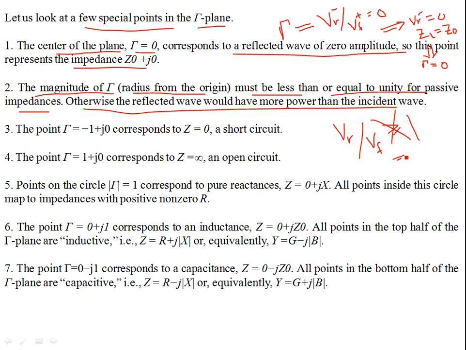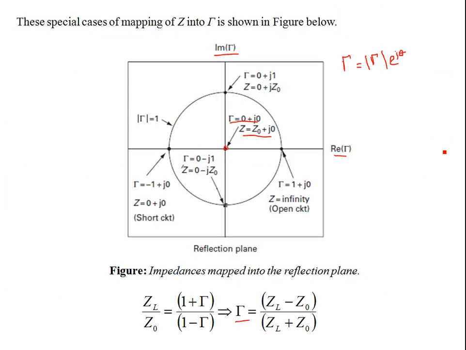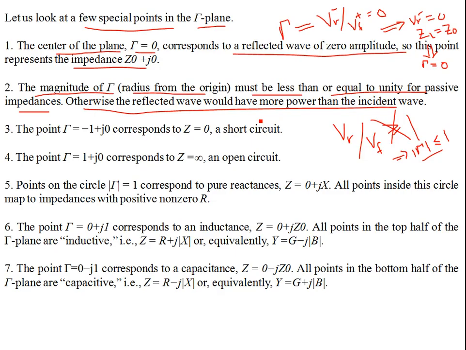It implies that the magnitude of gamma is less than or equal to 1. You cannot have reflected power more than the incident power. Due to that, the limiting circle is magnitude of gamma equal to 1, and the point on this circle, minus 1 plus j0, corresponds to a short circuit.